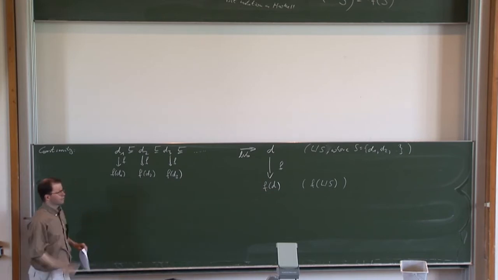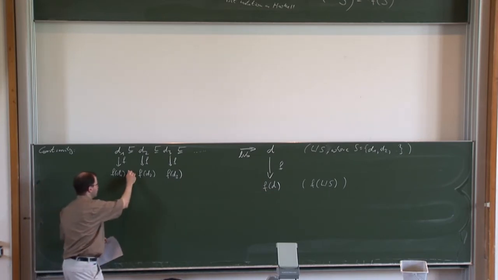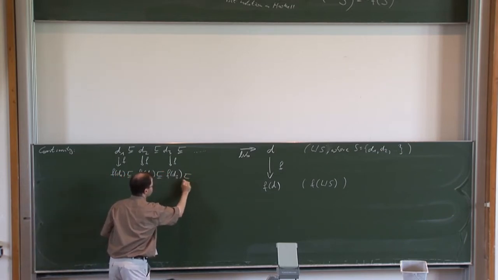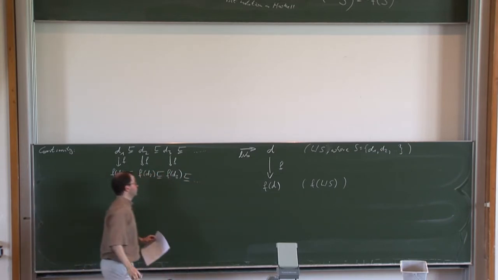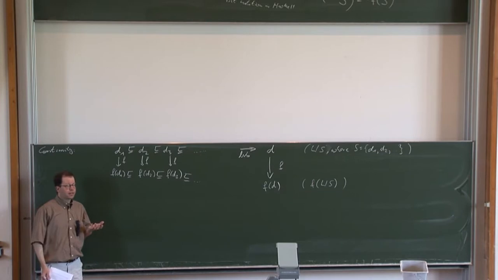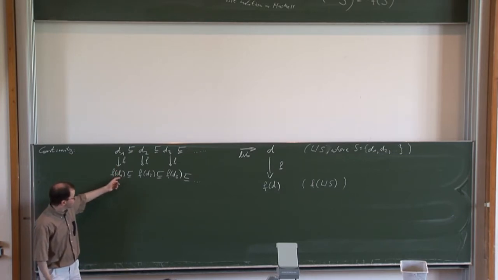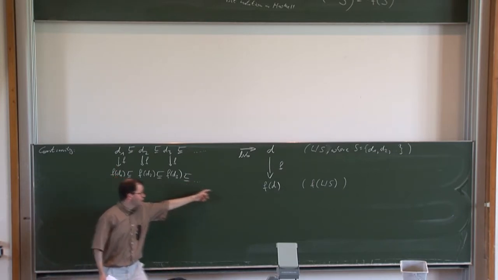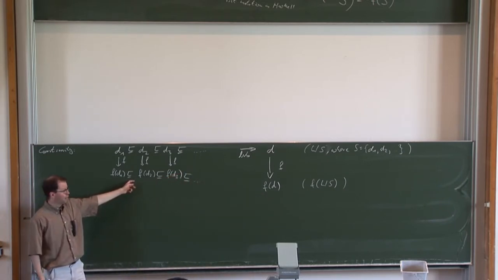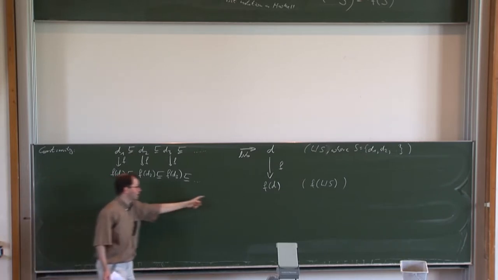And if F is monotonic, let's assume this for the moment, then you even have this. And now, if F is continuous, then if you build the least upper bound of this chain, you arrive here again. Now, this is a chain, so it has a least upper bound, but the least upper bound of this chain is not necessarily the same as this.